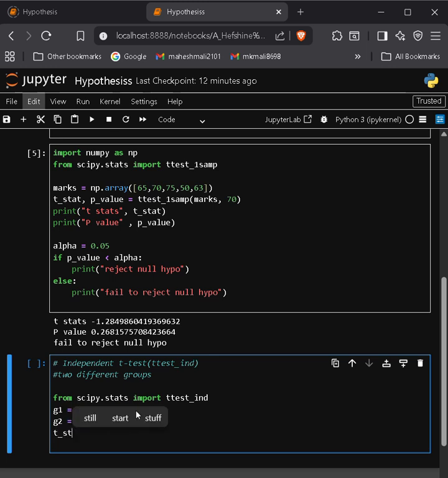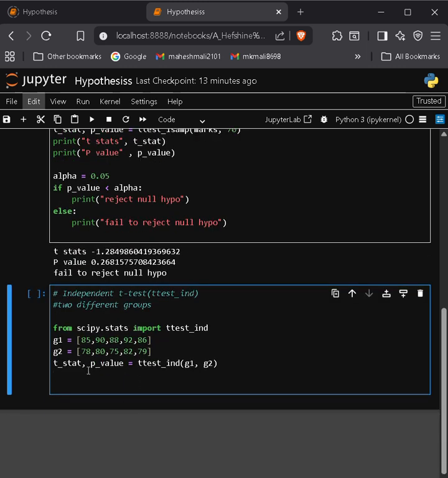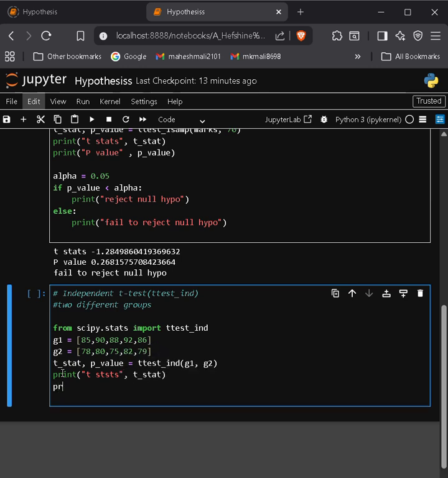We simply declare the values, the t-stat and p-value equal to ttest_ind, and group 1 and group 2 must be added in the parameters. We have to print the t-stat. Second one is print the p-value.